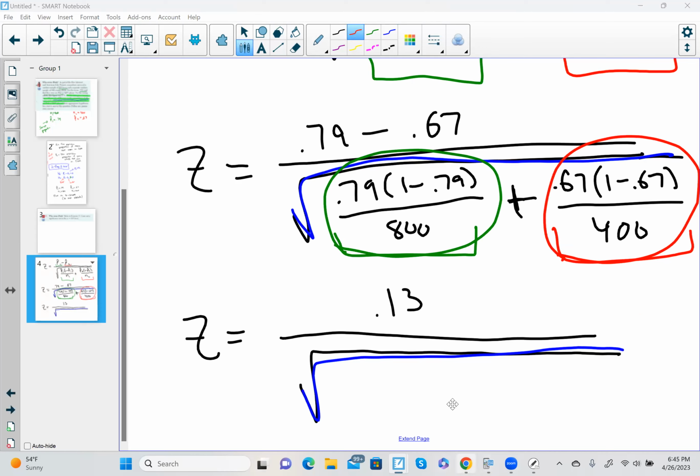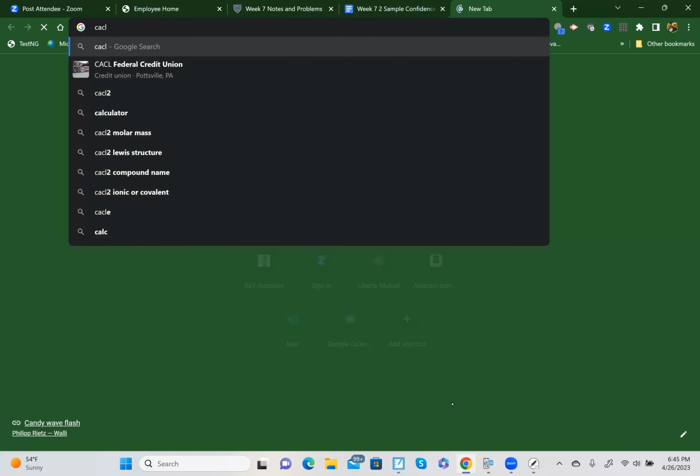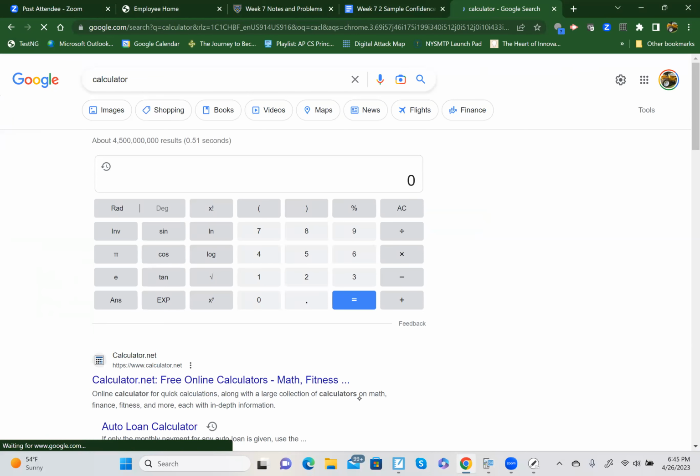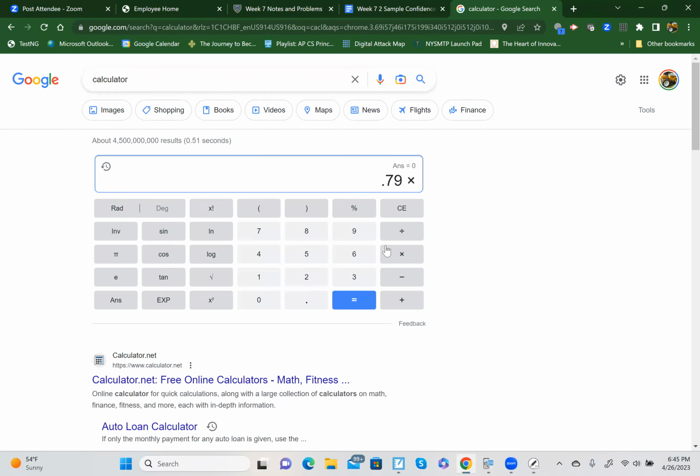Okay, so let's go do this. Browser, new page, calculator. Here we go. Let's type it in. So it's 0.79 times, and you can do open parenthesis 1 minus 0.79.